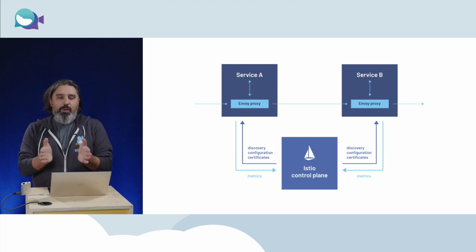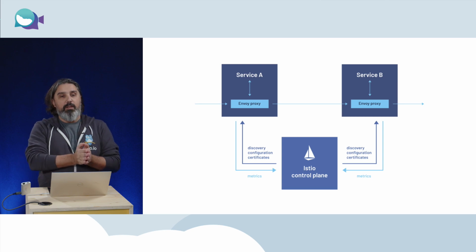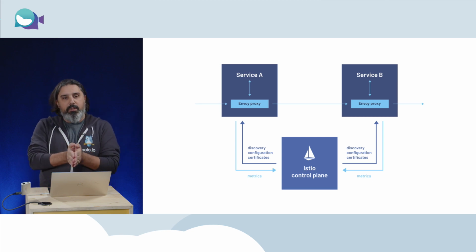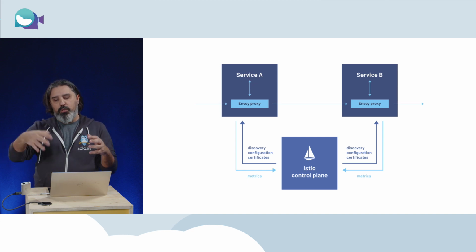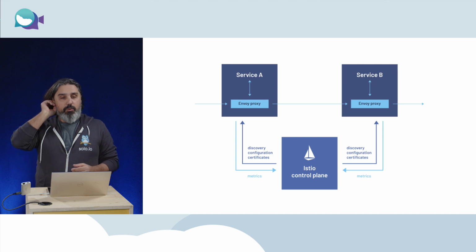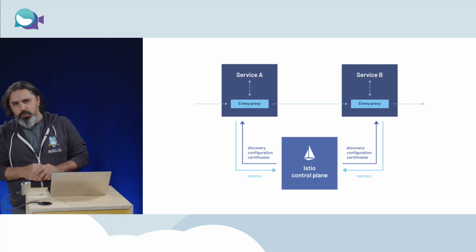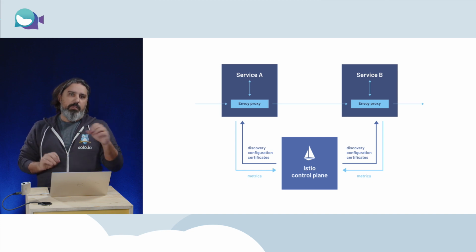Once you have every application injected with the proxy, you are able to do interesting things, right? All these proxies are managed and programmed by a control plane. In Istio, this used to be a plethora of multiple services.